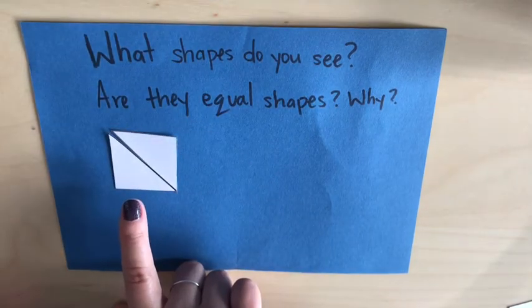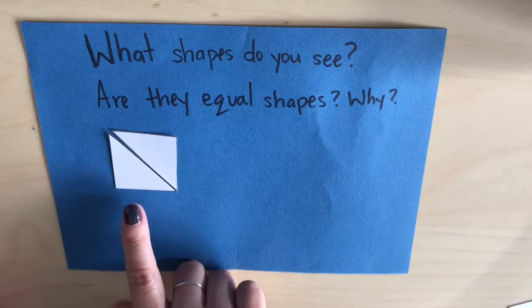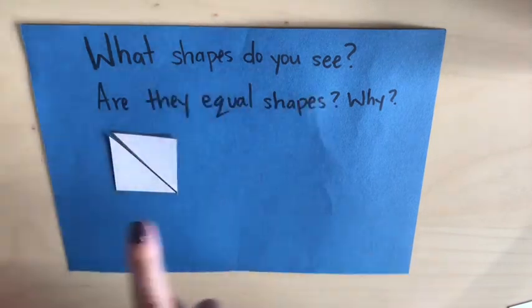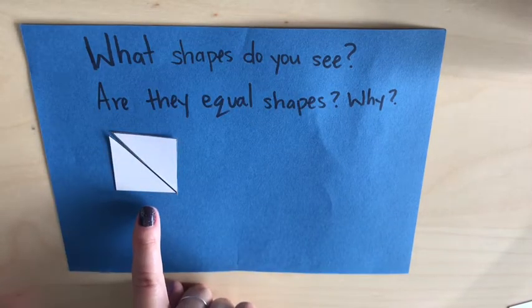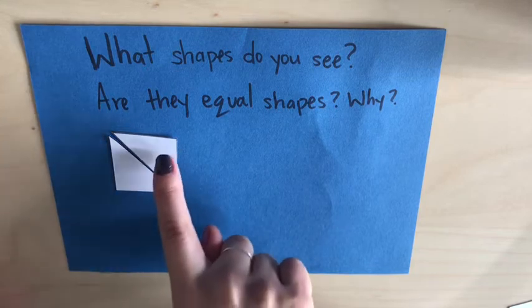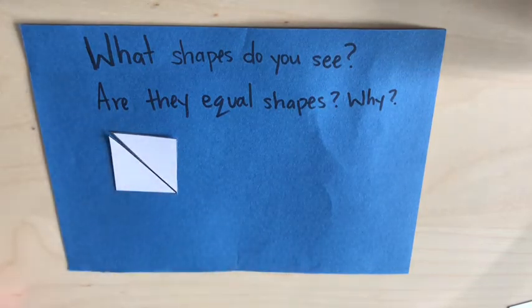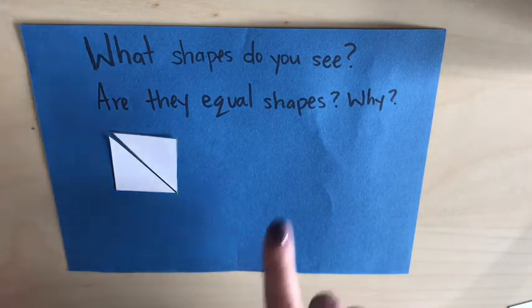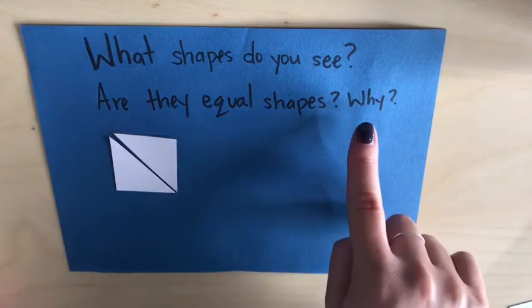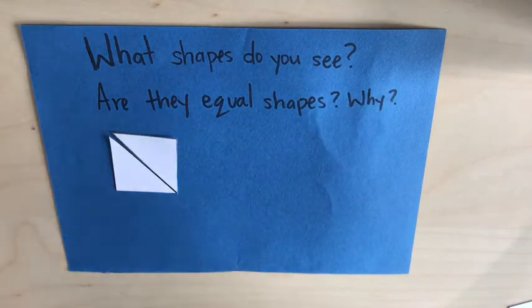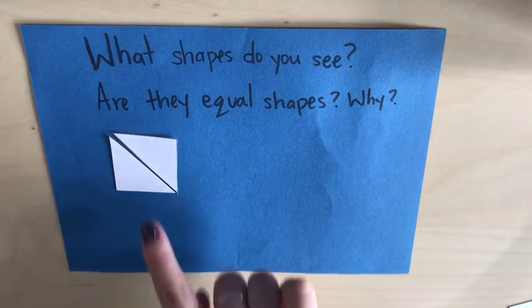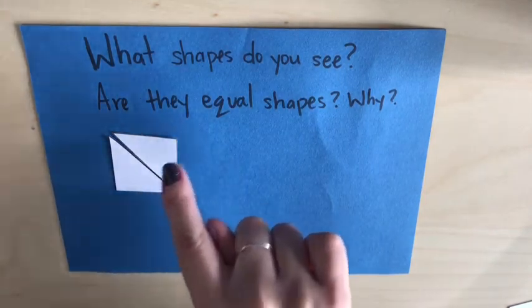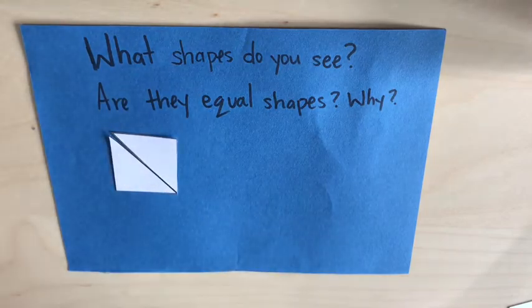What shape is this? This is a square. And what shapes do we see inside of the square? We see 2 triangles. Are the triangles equal shapes? I would say yes, but how do we know? Why are they equal? They are equal because they are the same size.